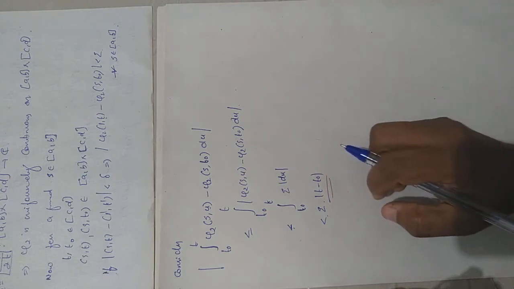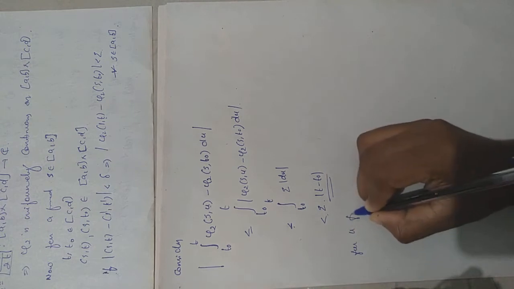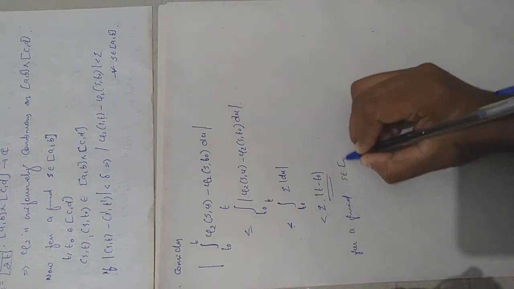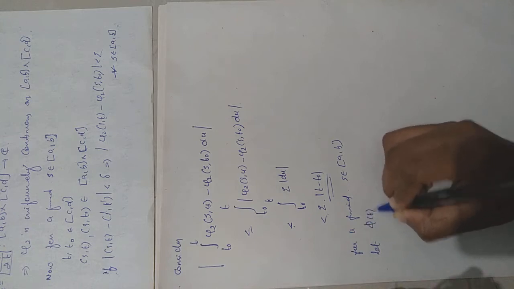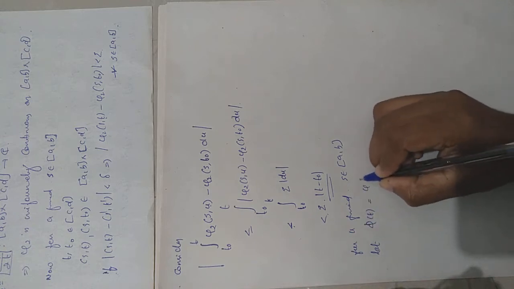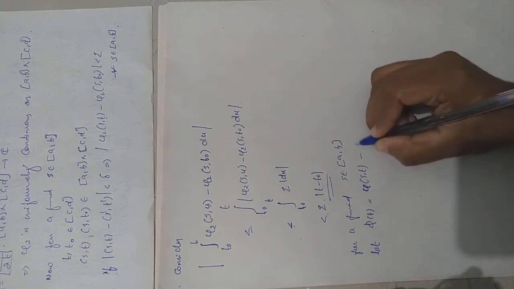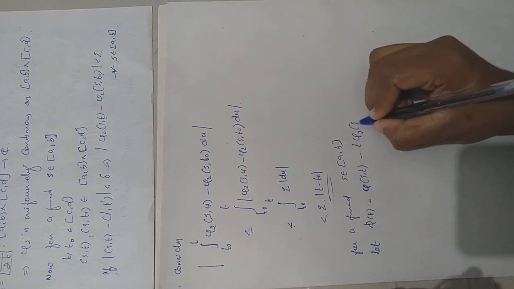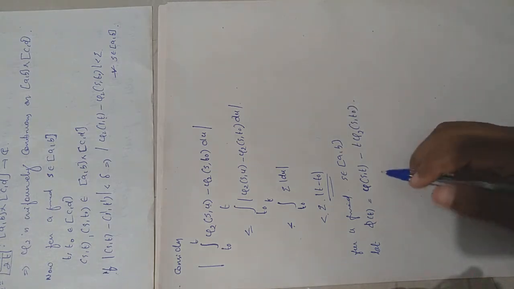Now for a fixed s in the closed interval [a, b], I define a new function, phi of t. Phi of t is defined as psi of s comma t minus t times psi 2 of s comma t naught.